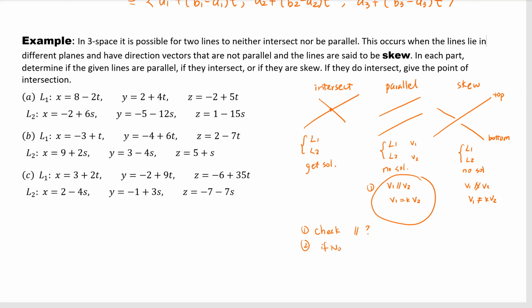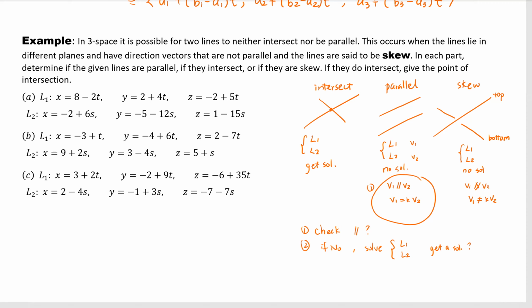If no, then we solve the system of linear equations. Do we have a solution? If yes, then that is their intersection point. If no, then the lines are skew. Okay, everybody? So let's start.